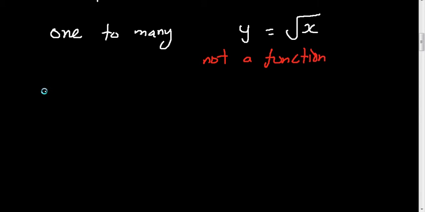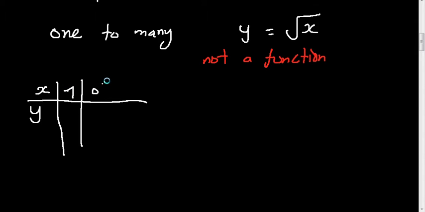Before we do that, why don't we work out the coordinates? These are my x coordinates and these are my y coordinates. So let me say minus 1, 0, 1, 4. I'm choosing these values, and you'll see why I'm choosing these values and not going up in ones and twos.